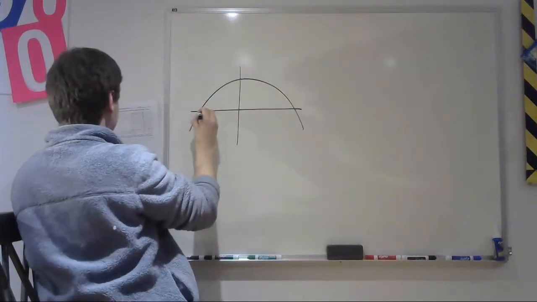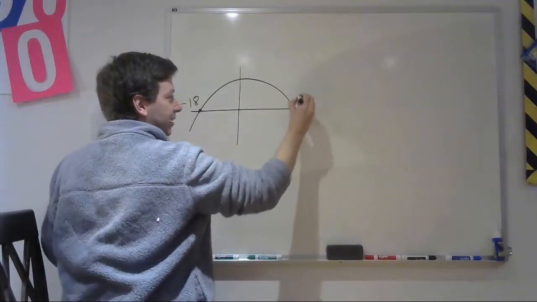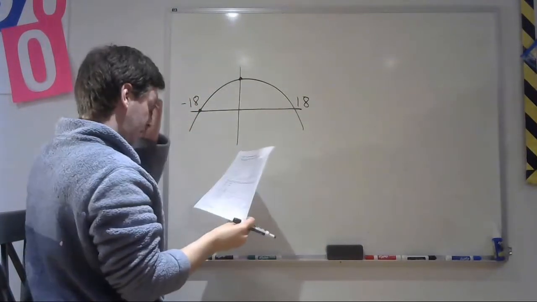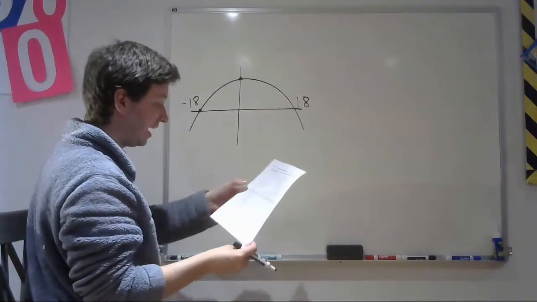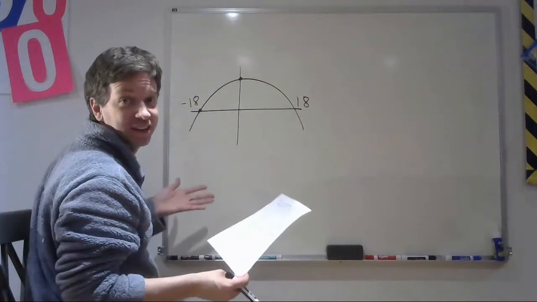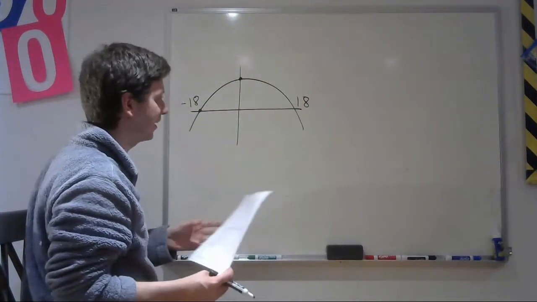Where the x-intercepts, if you look at the graph, are -18 and +18. The vertex is right up there. All right, and we need a point as well. Well, they have an entire table of values. So unlike the previous question where they only give you 1 point, you can have your choice of point. Doesn't matter which one you pick.